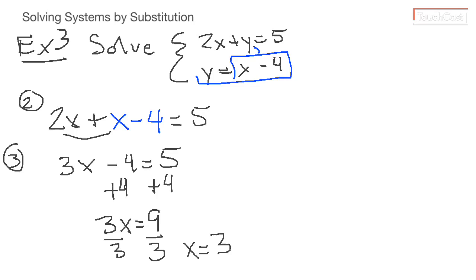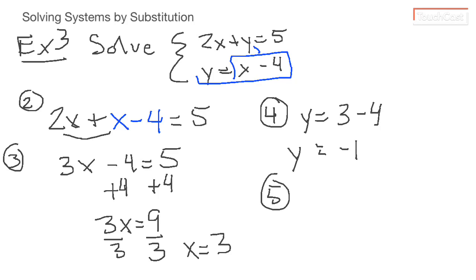Well, now we can move into step 4, where we're going to take this x value we just found, 3, and we're going to substitute it into one of the original equations. And this time I'm going to substitute it into the second equation. So we're going to have y equals 3 for x minus 4. Well, 3 minus 4, that's negative 1. So we found out y equals negative 1.